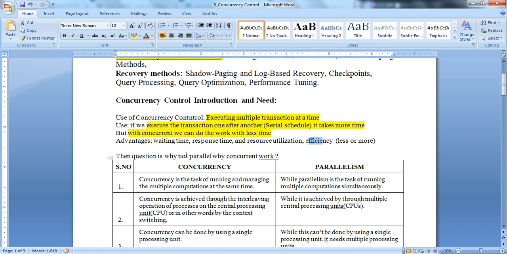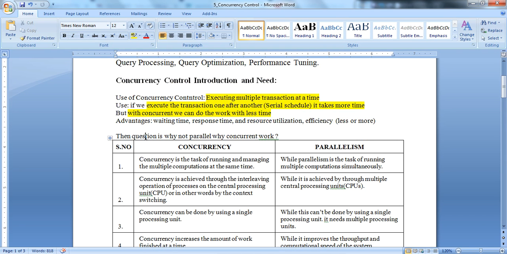That is the advantage of the concurrent schedule compared to a serial schedule. That's why we need to run the concurrent schedule, for efficiency and these advantages.